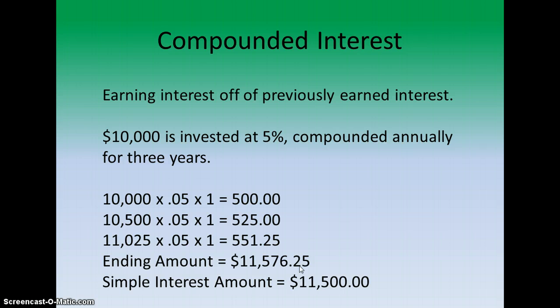It grows exponentially, so the slope gets greater as you go out further in time, because now you're earning more interest off of interest previously earned, and the dollar amounts get higher and higher. And here we're just looking at $10,000. Now imagine if we use this scenario with $100,000 or $200,000 or $300,000.